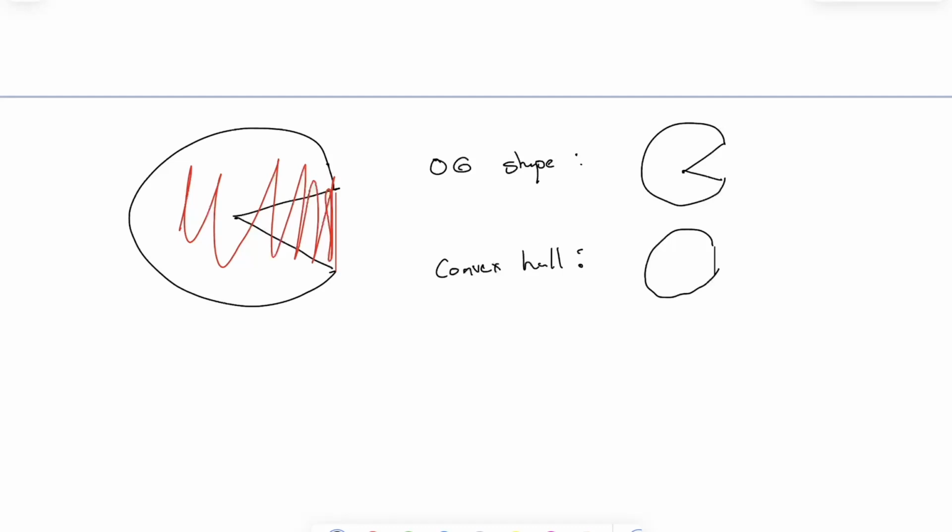I have a cute little handout here. I'm just going to give you a bunch of different shapes. Your job for each one is to draw the convex hull, and they all are just silly shapes like this. You can tell your mom to put this on your refrigerator when you're done. She will be so proud of you doing such silly things with her hard-earned money for your college.